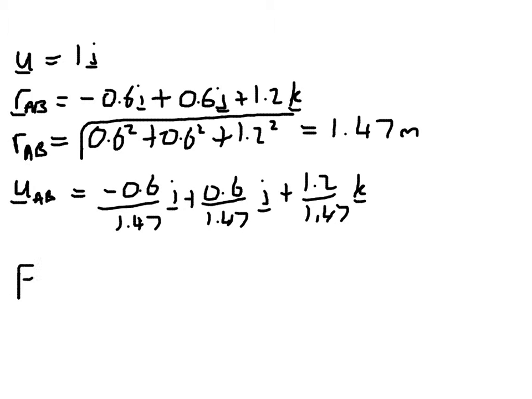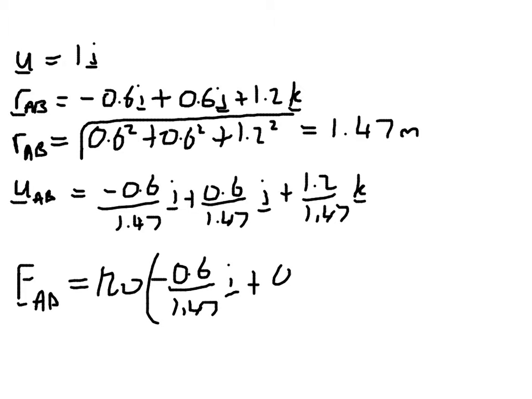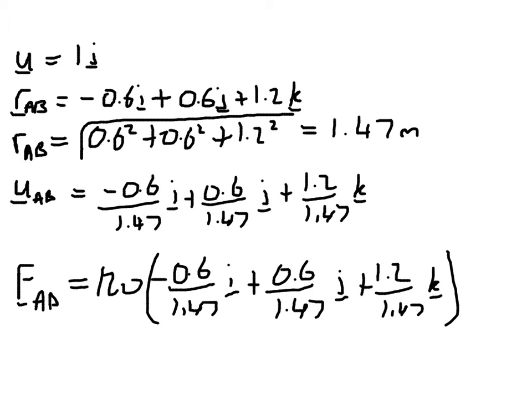And then my force AB as a Cartesian vector is going to be 120 times minus 0.6 over 1.47 I plus 0.6 over 1.47 J plus 1.2 over 1.47 K. If I multiply that out, I'm going to get minus 49I plus 49J plus 98K.